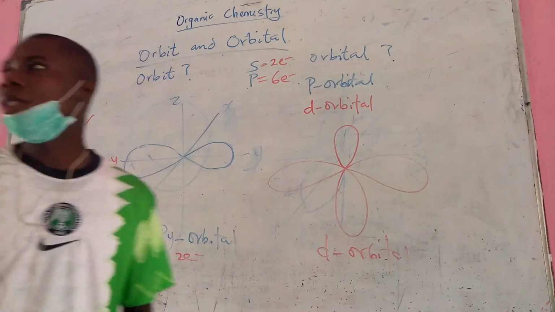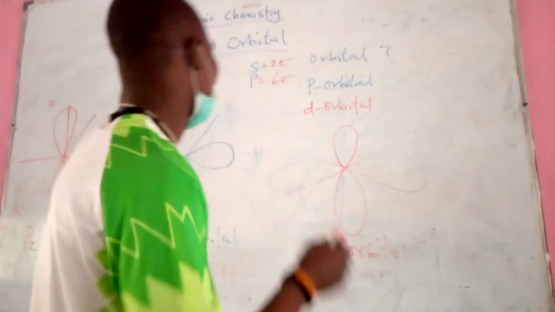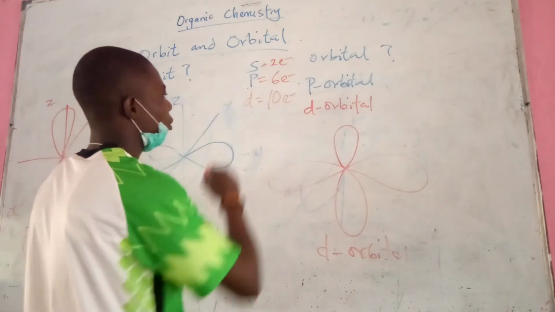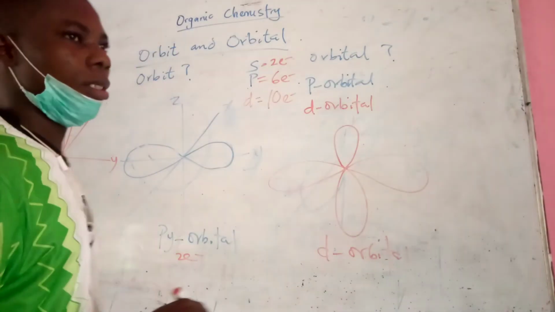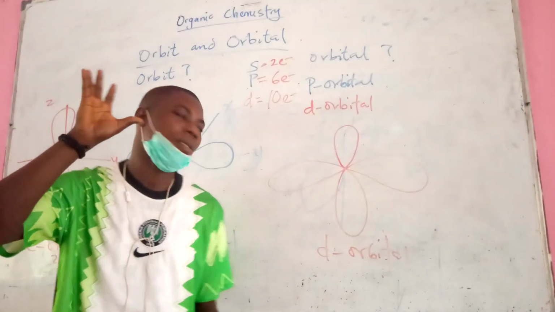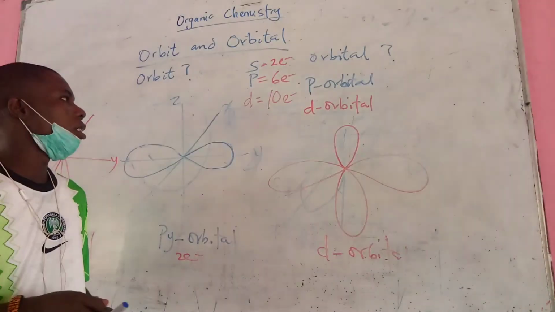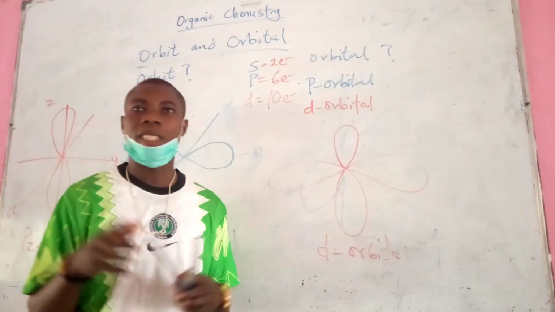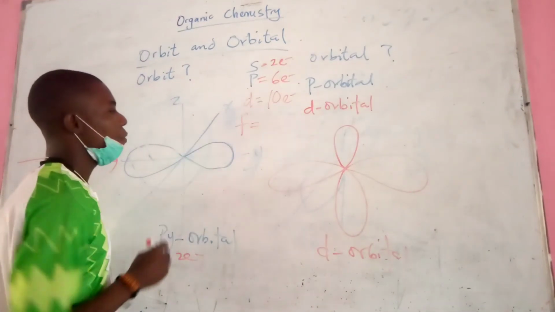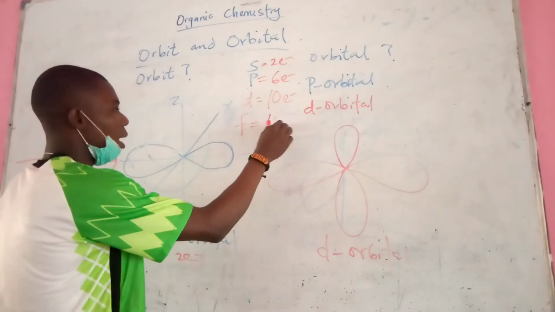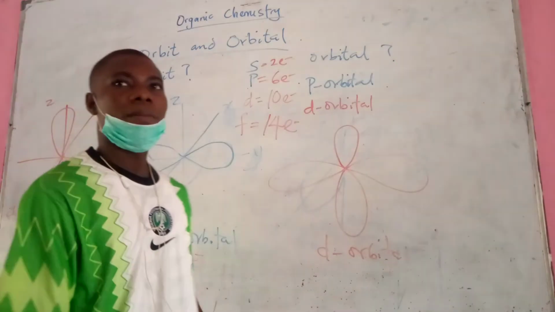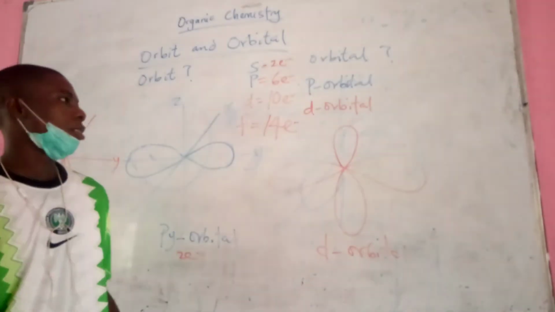The maximum number of electrons which a d orbital can occupy is 10 electrons. The reason is because d orbitals contain 5 subshells, and each subshell has 2 electrons. And as well, we have f orbitals, which will occupy a maximum of 14 electrons.